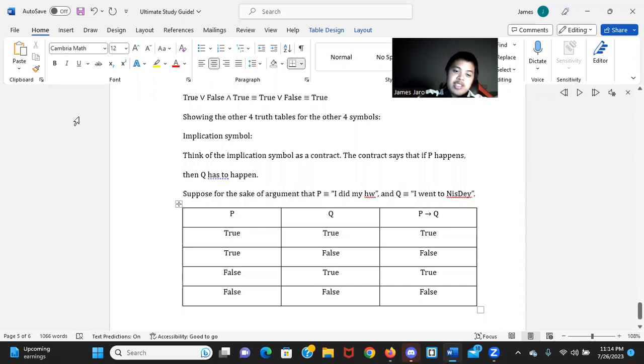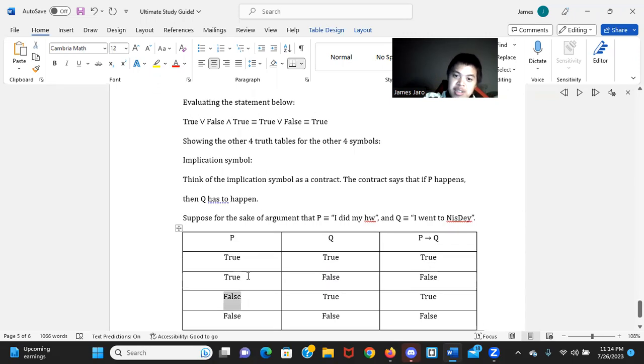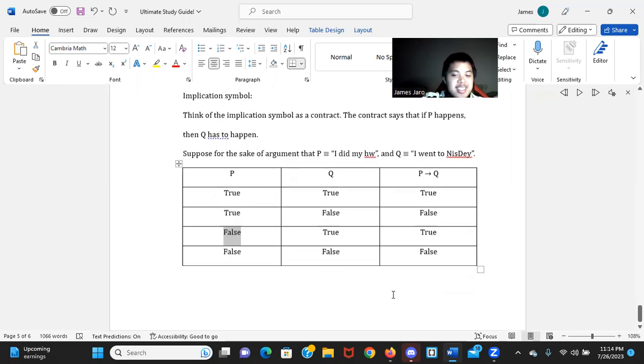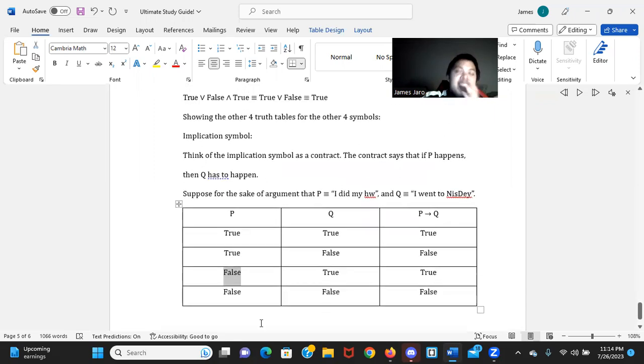So now we move on to the next one. What happens if I didn't do my homework, but I got to go to NISD? This one's a little bit complicated, actually a little bit tricky.